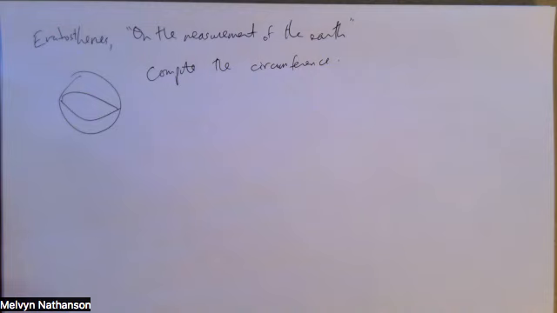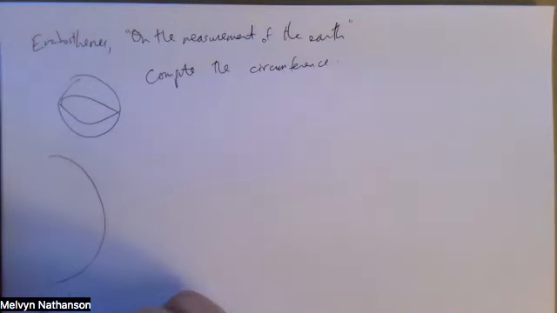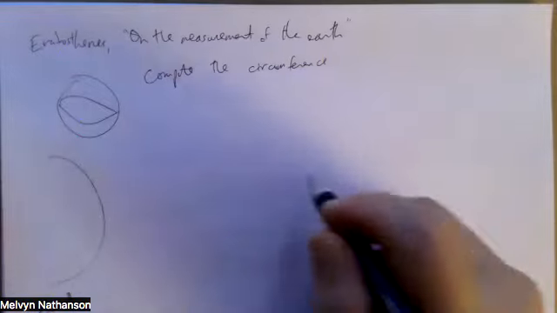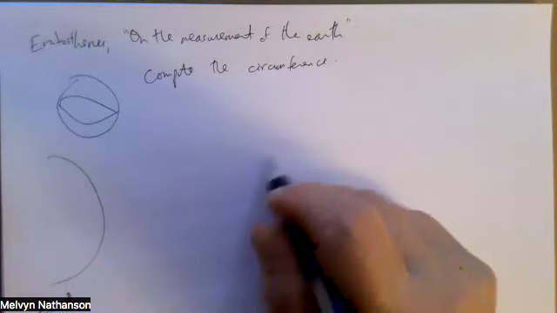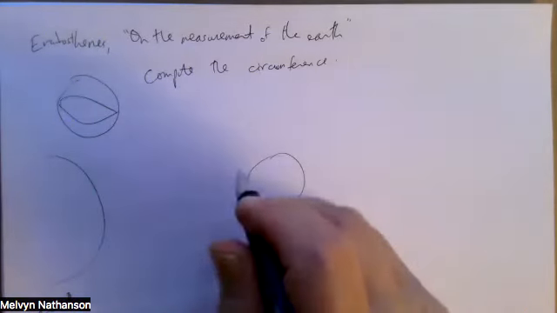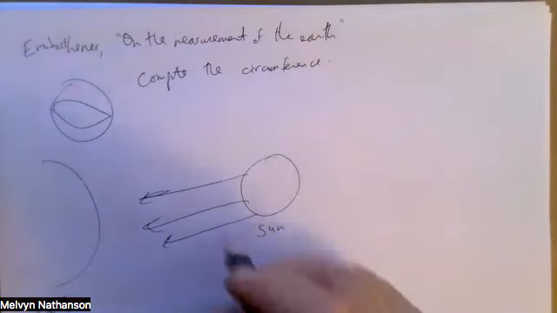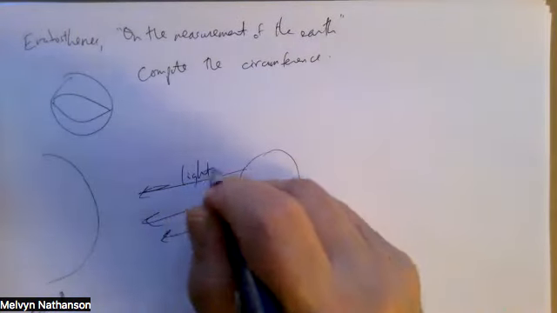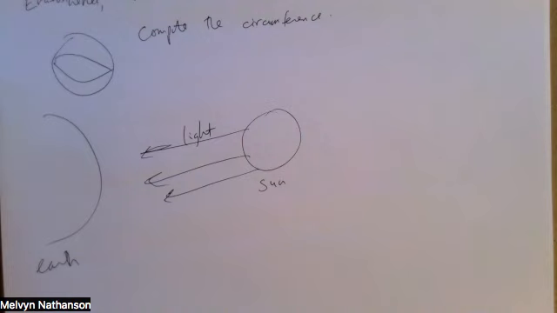So the computation is based on the following. So this is the Earth. And far away is the sun. And this is light. The sun shines and light comes from the sun and hits the Earth.